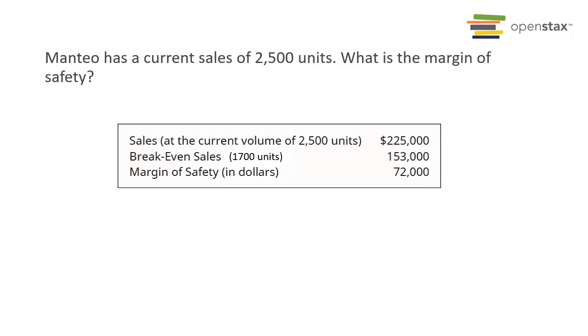We take their break-even sales, which is actually 1,700 units from the previous slide, and that break even in dollars of 153,000. So we have a margin of safety above break even, 225 minus 153, $72,000. That's all margin of safety is. It's just a straight subtraction. How far are you above break even?